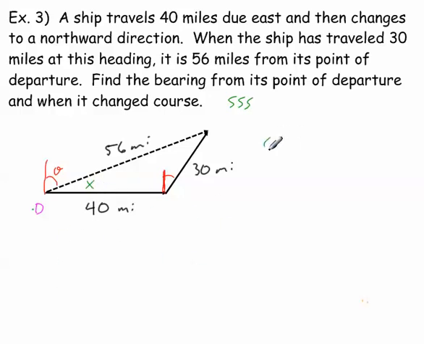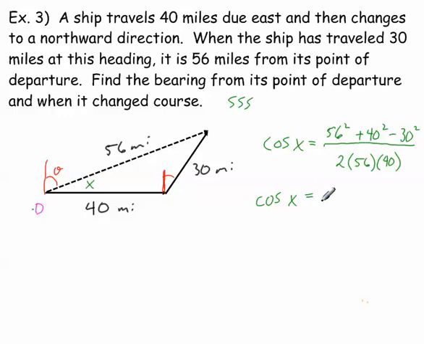So the cosine of x is going to equal the two adjacent sides, so 56 squared plus 40 squared minus the opposite side squared, all divided by 2 times 56 times 40. And that's going to give me the cosine of x.